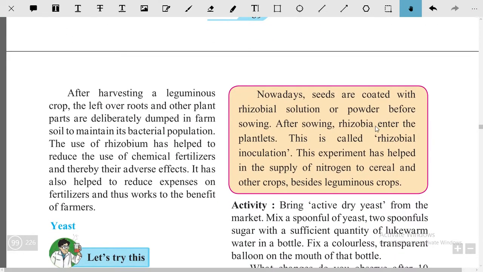Now the next point: after harvesting of the leguminous crop. सुगीच्या काळामध्ये लेग्युमिनस प्लांट्स काढल्यानंतर काय करतात?